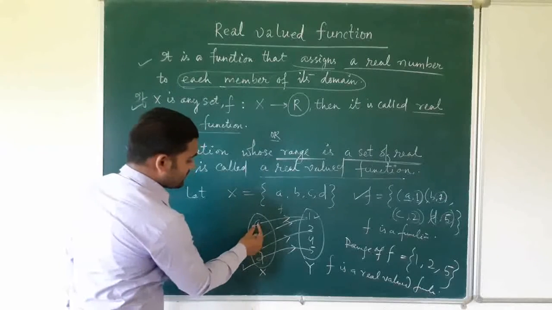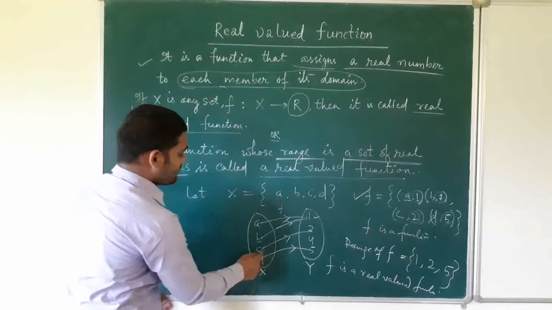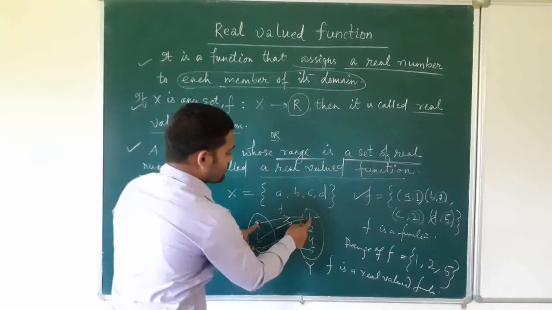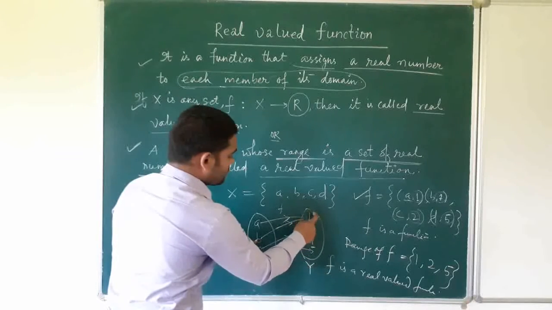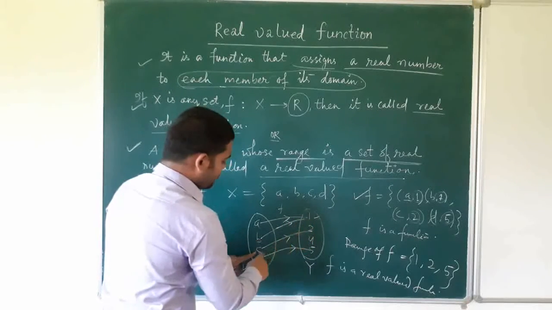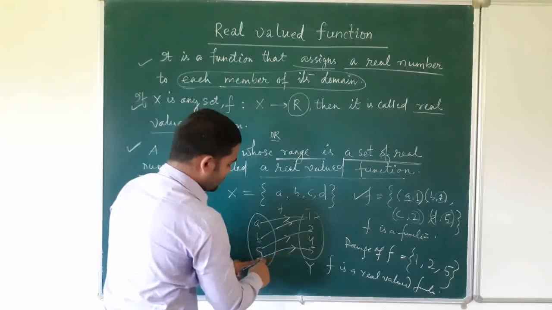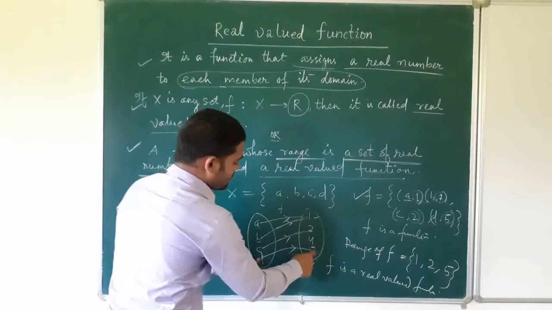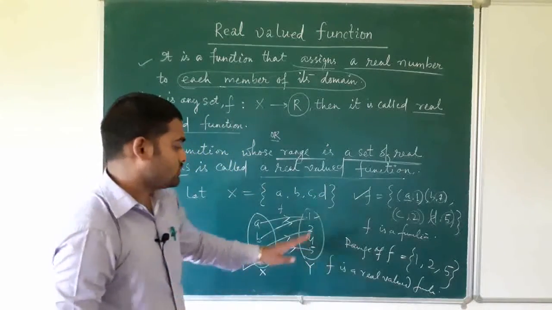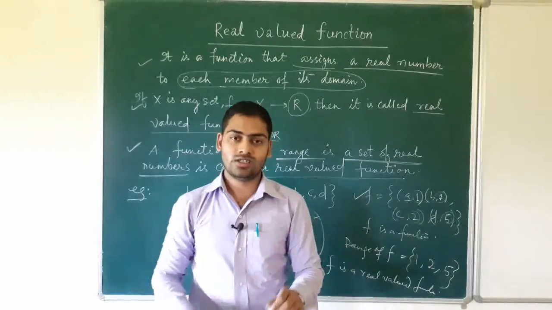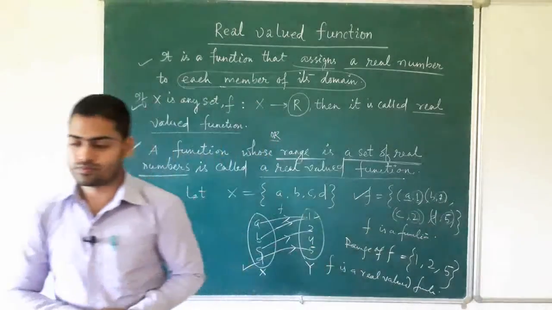Each member means each element A, B, C, D. A is related to a real number, B is also related to a real number, C is related to a real number, D is related to the real number 5. So this function is a real valued function. Understood?